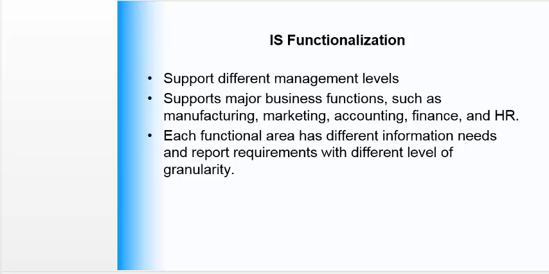Because of this, at the operational level we have the transaction processing system, whereas at the executive level we have the executive information systems. Executive information systems summarize information and present information in visual format, whereas the transaction processing system is more focused on the business process, the particular step and activity that is performed on a day-to-day basis.